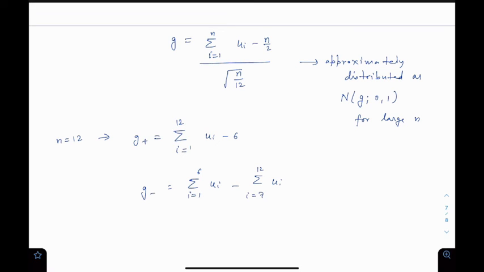But if one tries to save computer time by generating both g plus and g minus with the same 12 values of ui, the problem that arises is that g plus and g minus are highly correlated in that case.